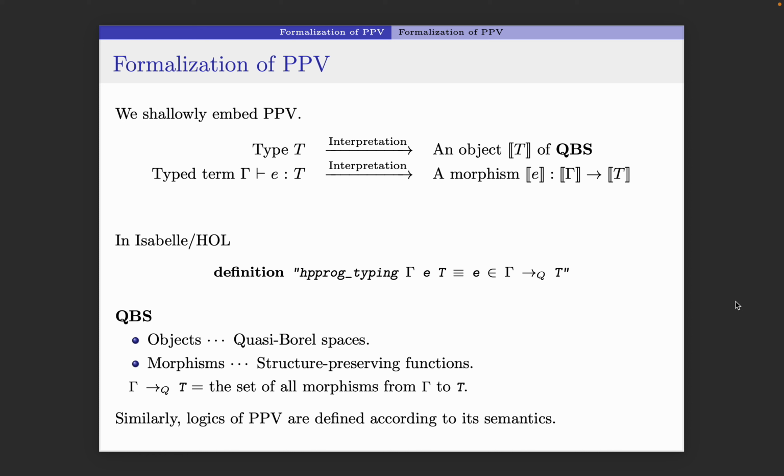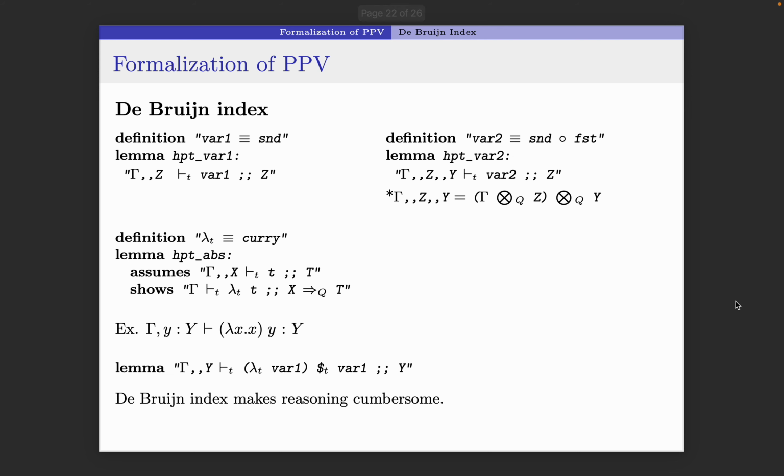Similarly, logics of PPV are defined according to its semantics. In our mechanized PPV, programs are written in double-line index. That is, variables are distinguished by natural numbers. According to semantics, variables are projections.